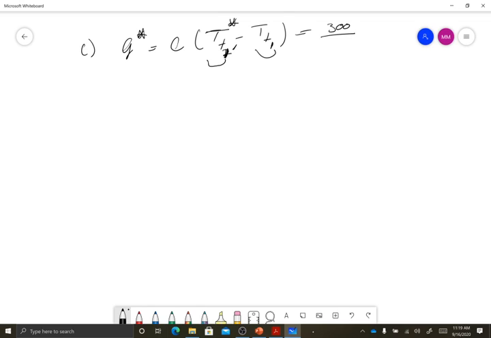For the Fanno flow, you compare the length. For the Rayleigh flow, you compare the total temperature at the outlet. Yes, always check that. Of course, it depends on the thing you want to find out at the end, but I don't see a problem where you don't need to do that, unless you are told what the exit conditions are.